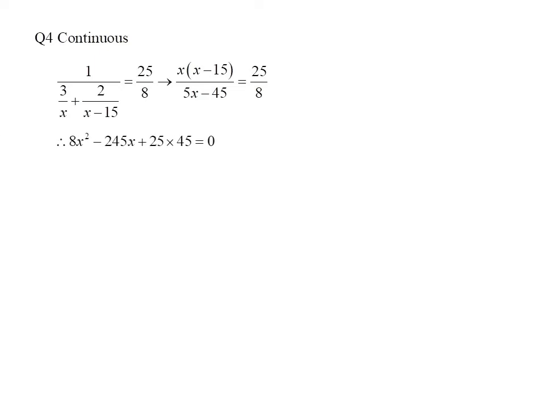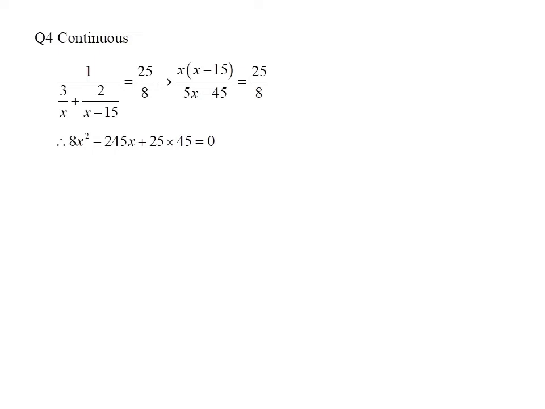Cross-multiply the fractions on both sides of the equation, then simplify them to make it the standard form of a quadratic equation. Finally, it shows 8x squared minus 245x plus 25 times 45 equals 0.